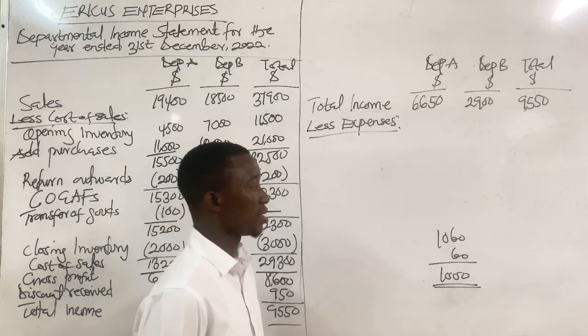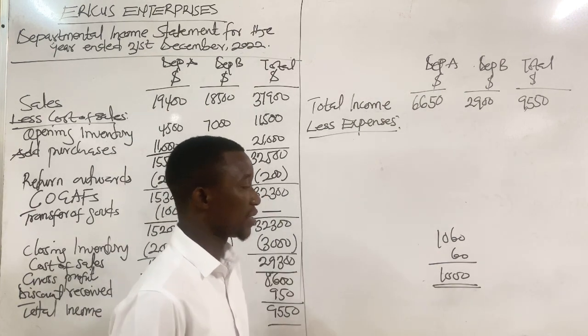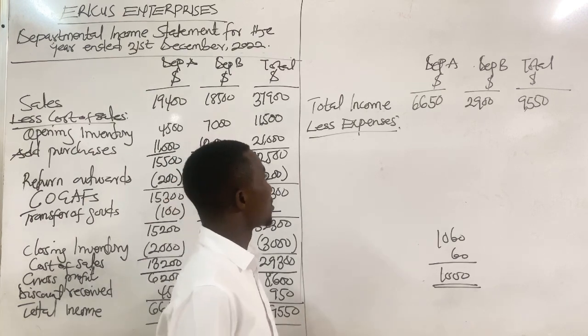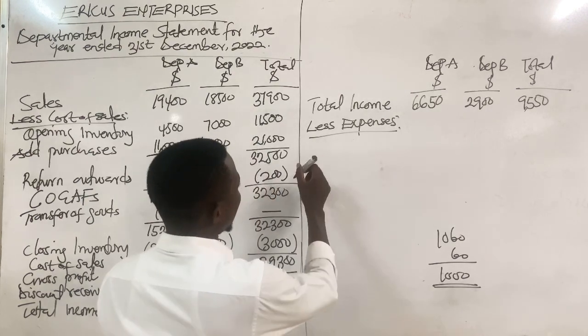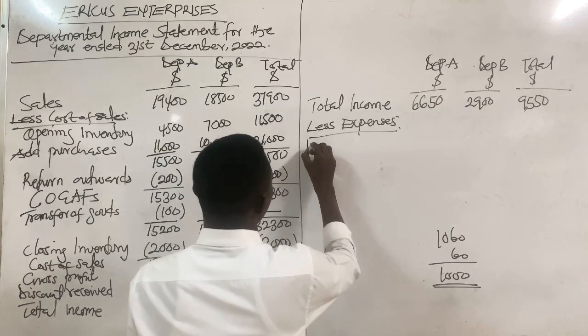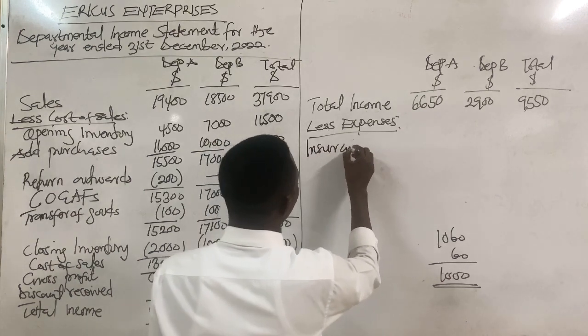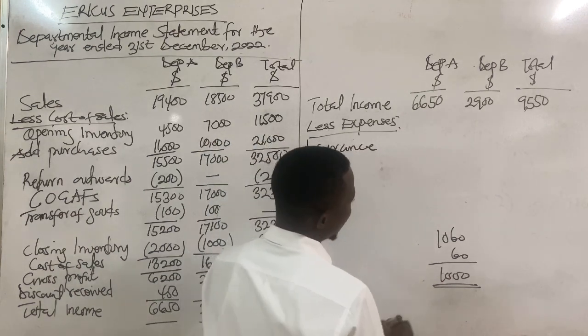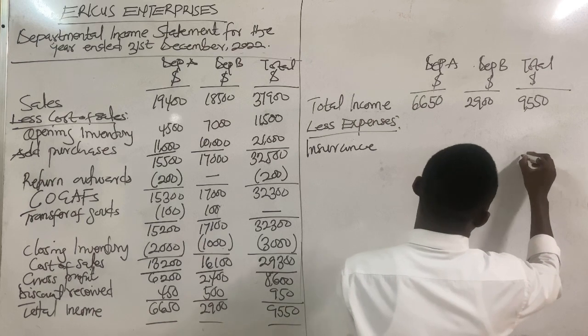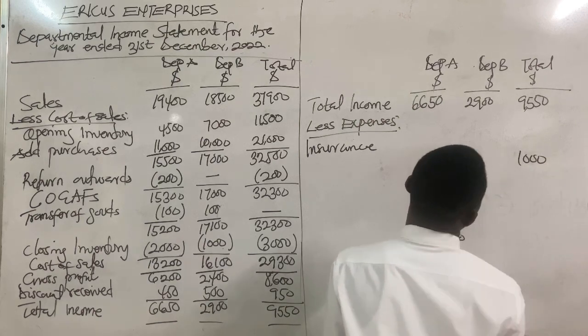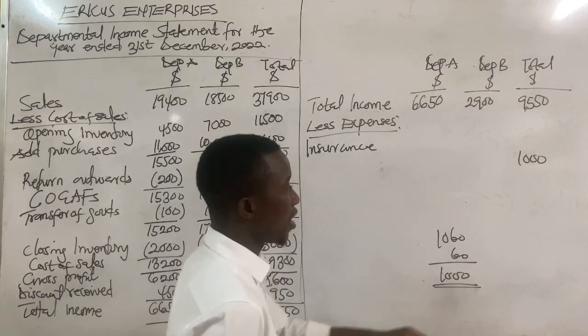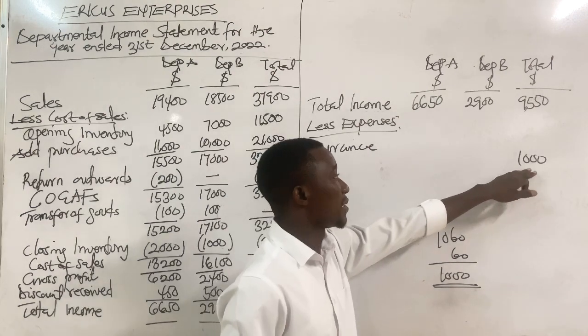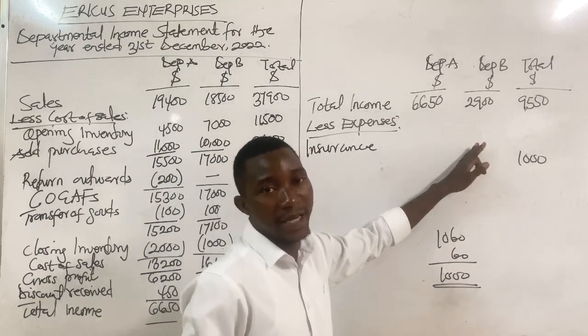So this $1,000 is what will be presented as insurance in the income statement. So for insurance, the total amount is $1,000, okay? Now you have to apportion this 1,000 between Department A and Department B.